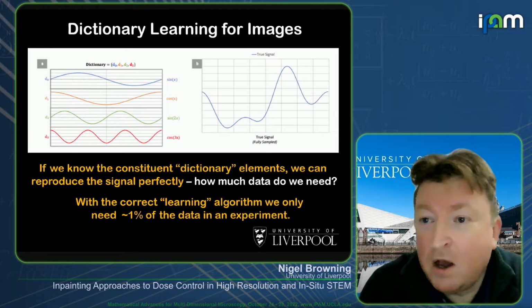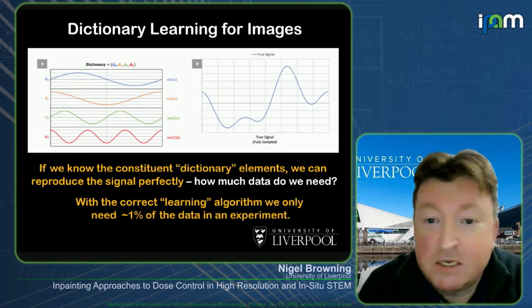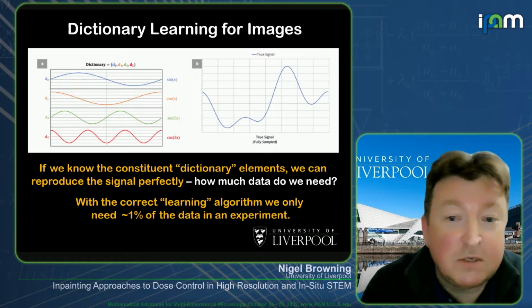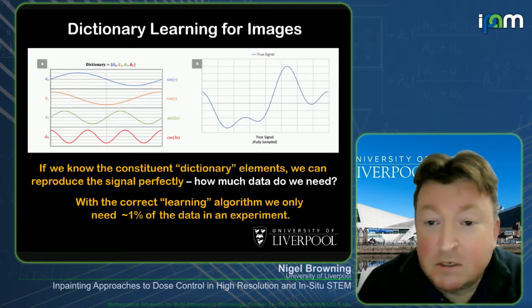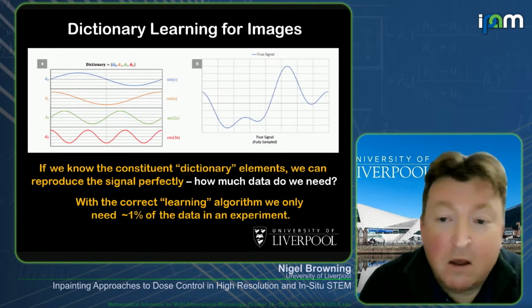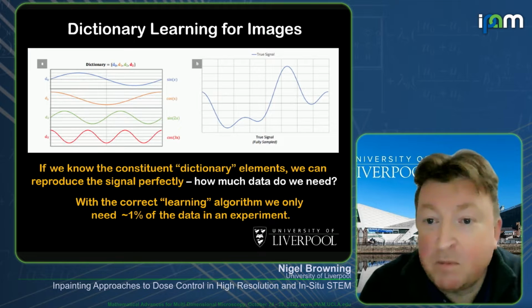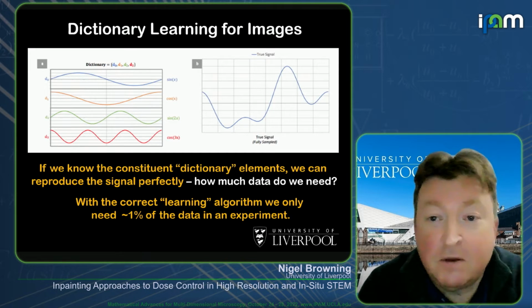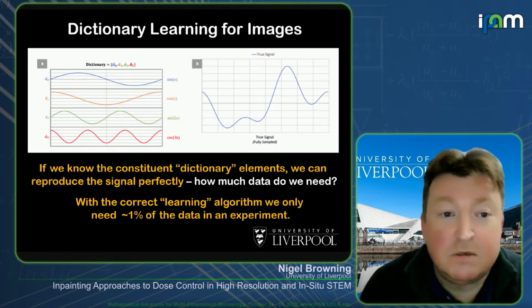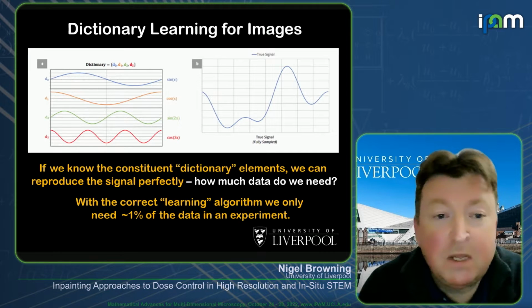This is the kind of thing that we teach 18-year-olds, undergraduate classes, even in high school: if you have a one-dimensional signal that's a sine or cosine function, you can do a Fourier transform, or you can basically look at the sines and cosines that make up that waveform, and you can decompose it into those elements, and those are our dictionary elements.